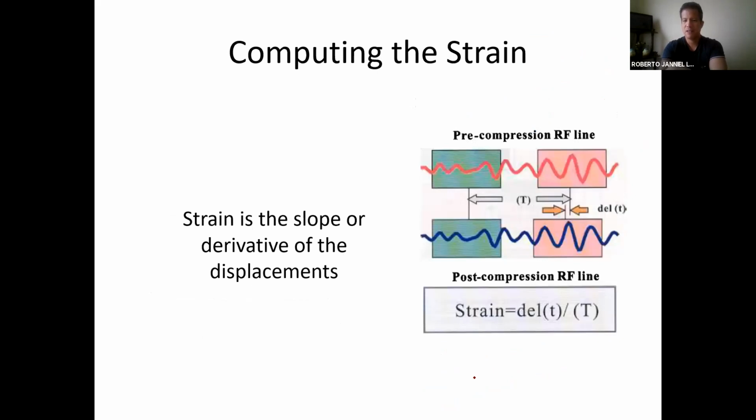It's the same thing here. You have it pre-compression and then you compress it. Because you're compressing it, some portions of the RF data are going to appear sooner, others later, and there are going to be small shifts that you have to track. They have to be small shifts.